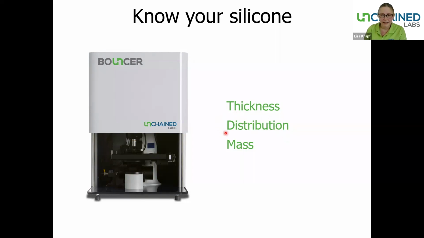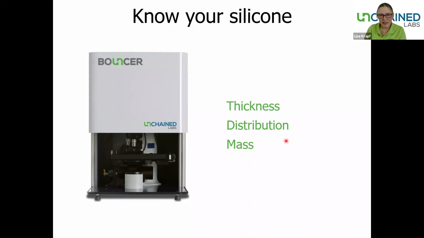It performs that thickness measurement on a user-defined grid on the inner surface of the syringe, so that you can also get a distribution of silicone in the syringe. And it also calculates, based on these thickness measurements, the mass of silicone that is inside of the syringe. So you have quantitative numbers in the end that characterize your syringe silicone distribution.